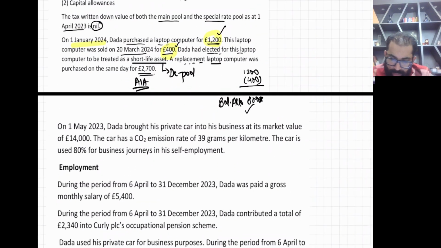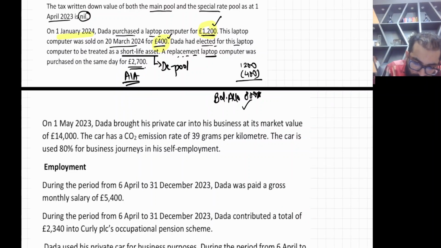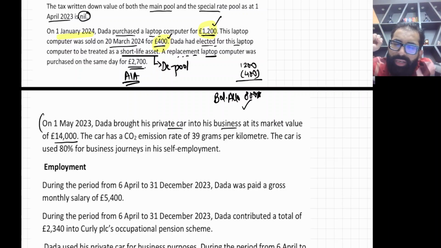Now next thing, on 1st May 2023, Dada brought his private car into his business at its market value of 14,000. Yes, this is a very good concept. Whenever you bring your private assets into the business, whatever is the market value at the time of bringing the asset to the business will be treated as the cost of the asset.